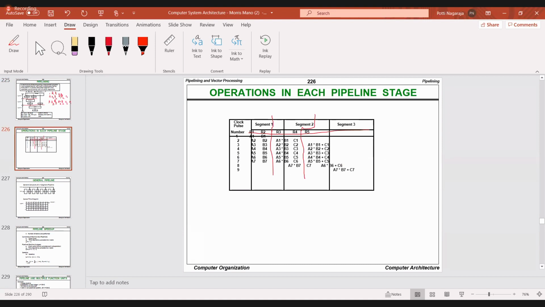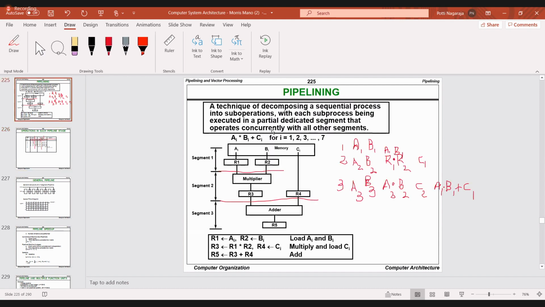How did you perform this? If anyone has not understood, tell me. You will understand this if you write it on paper. So all of you take one paper and try to write it. Then automatically you will understand easily. This is nothing but step by step. So write the fourth clock pulse and so on. Totally, you write for 7.